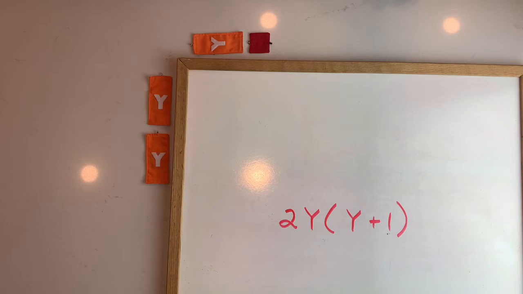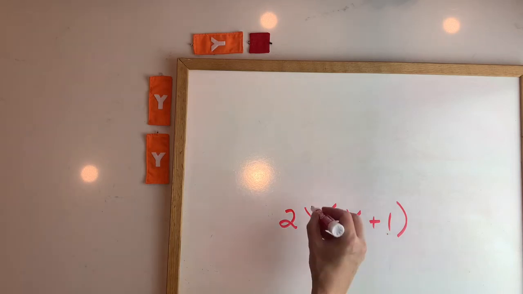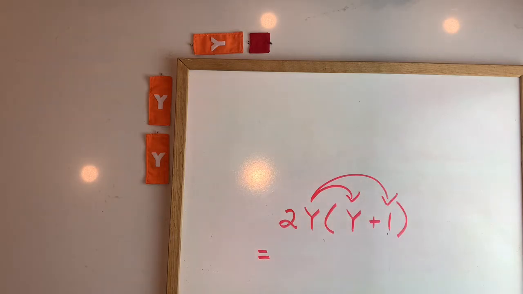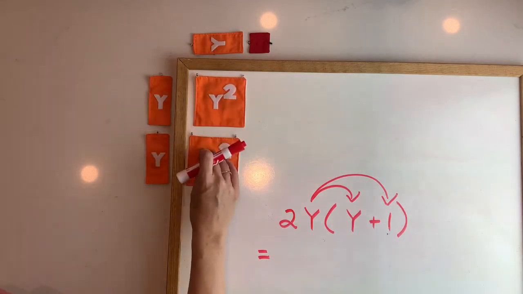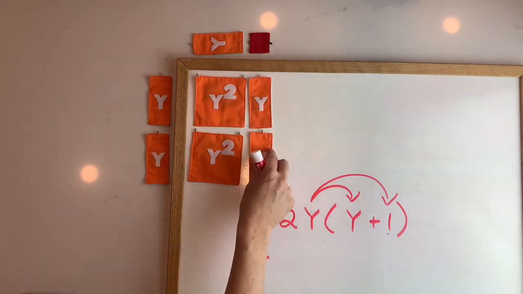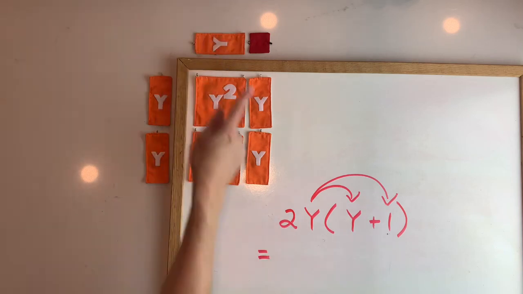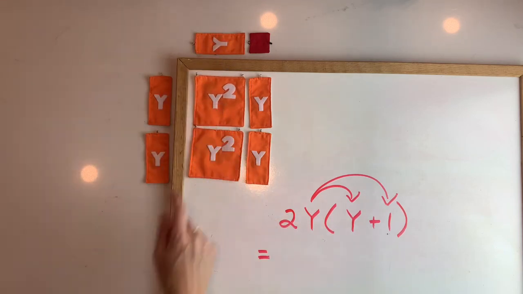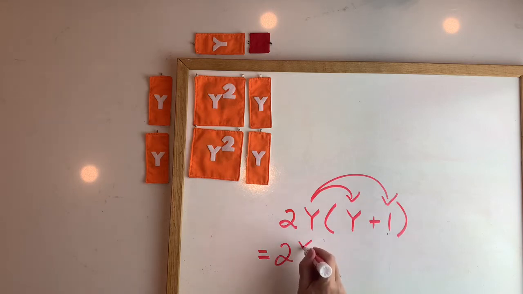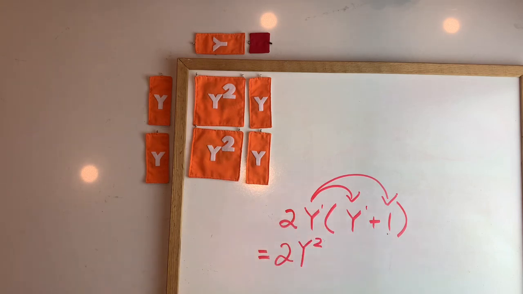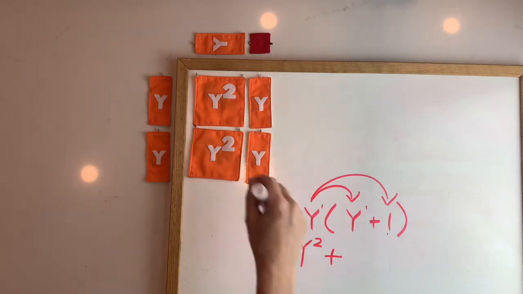But we can multiply through each term in the bracket by the term outside of the bracket. 2y times y gives us 2y squared. 2y times 1 gives us 2y.